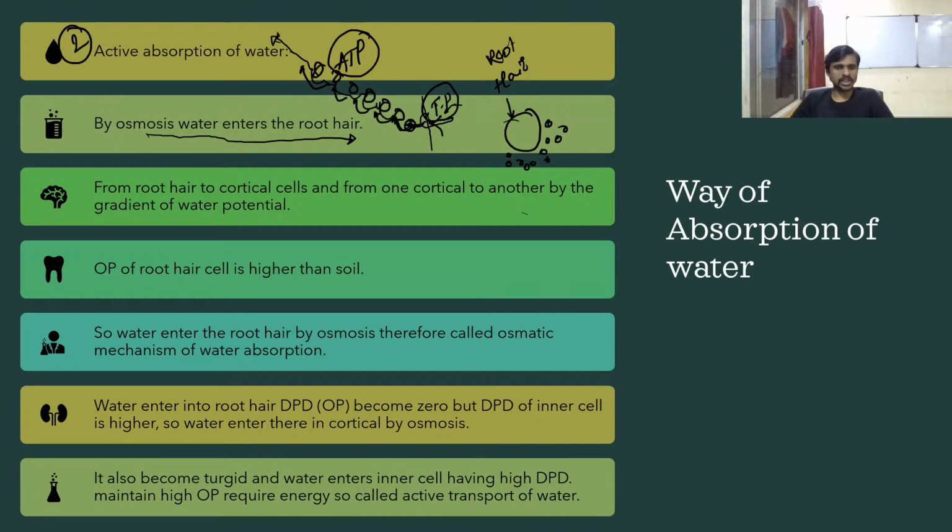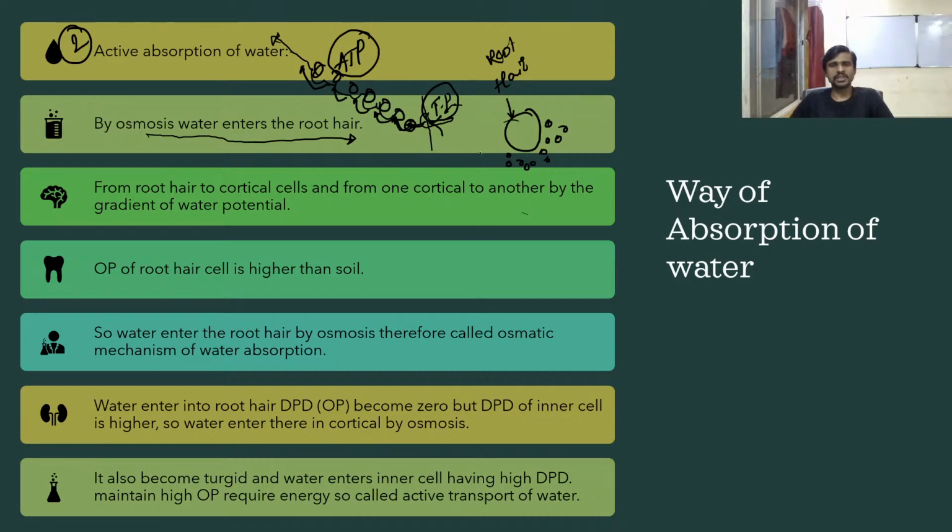When water enters the root hair, its DPD, which means diffusion pressure deficit, becomes zero, but the DPD of the inner cell is higher, so water enters the cortical cells by osmosis. It also becomes turgid, and water enters the inner cell having a high DPD. It maintains high osmotic pressure, requires energy, so it is called active transport of water.